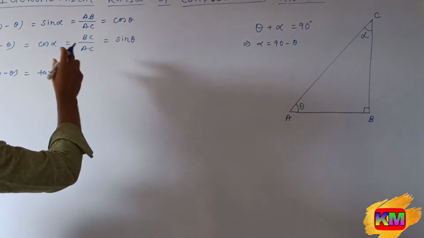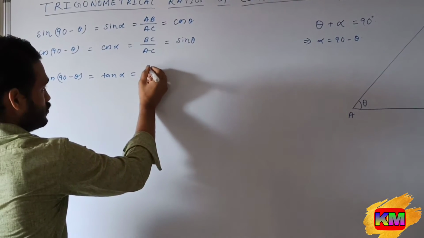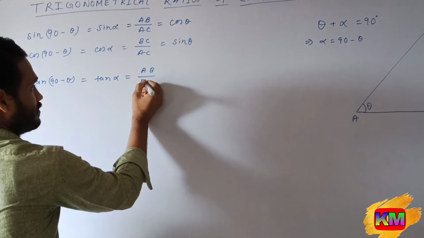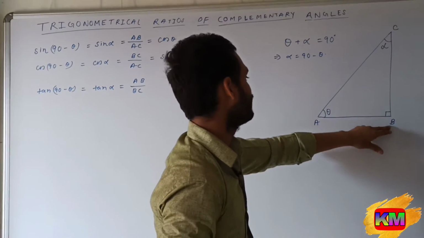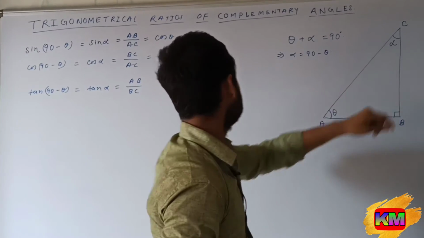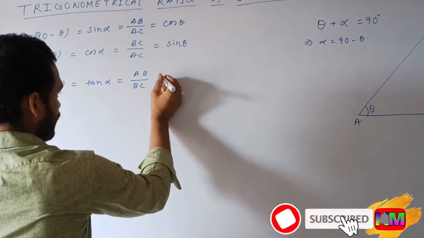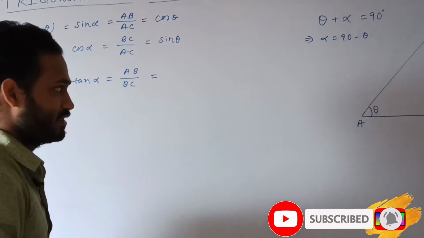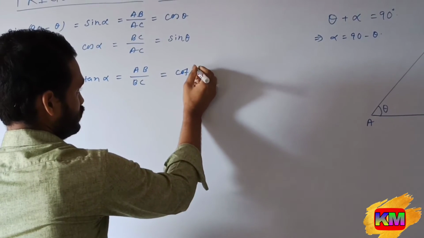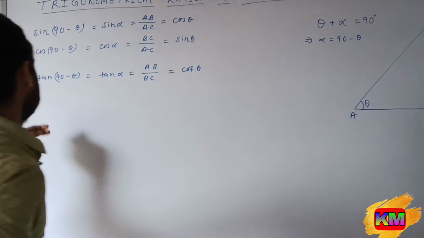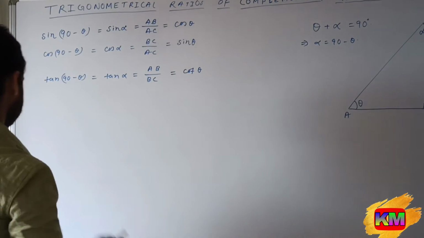So tan alpha equals perpendicular divided by base, which is AB divided by BC. Now for the angle theta, AB is base and BC is perpendicular. So it is base divided by perpendicular, which is cot theta. So we have tan 90 minus theta equals cot theta.